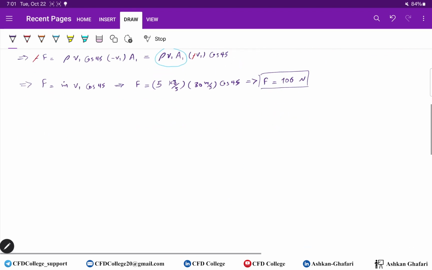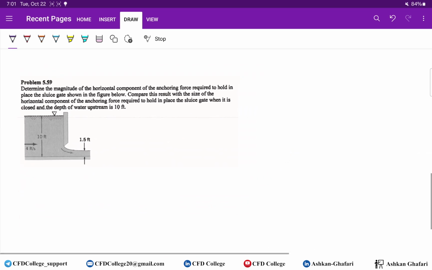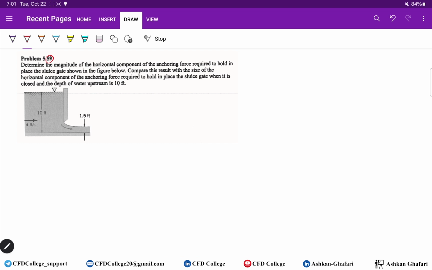Let's jump to the second question. This is the second question, problem number 59. Here we have this gate. Determine the magnitude of horizontal component of the anchoring force required to hold in place the sluice gate, this gate.